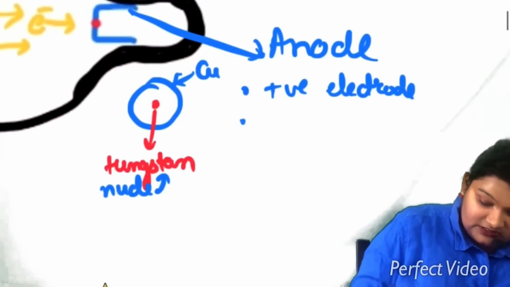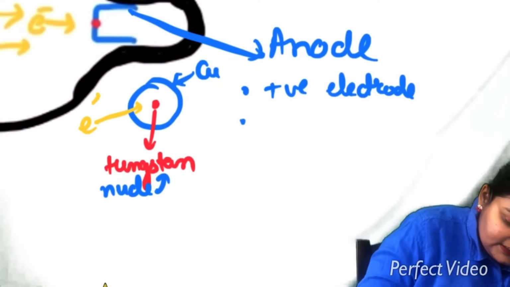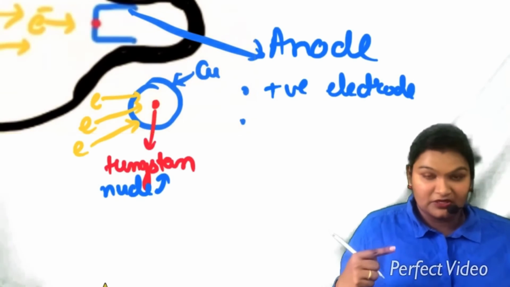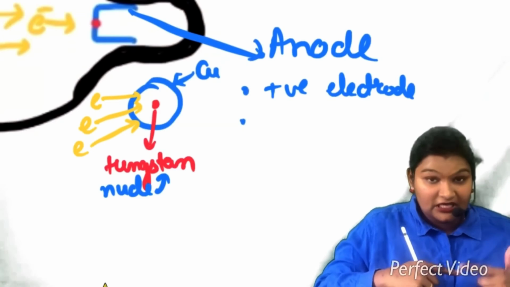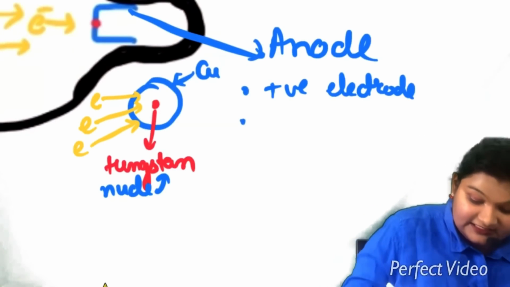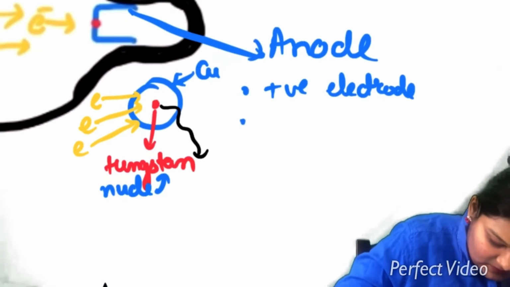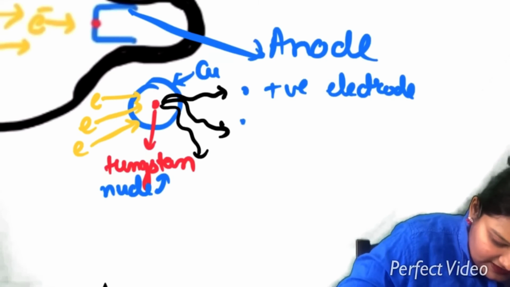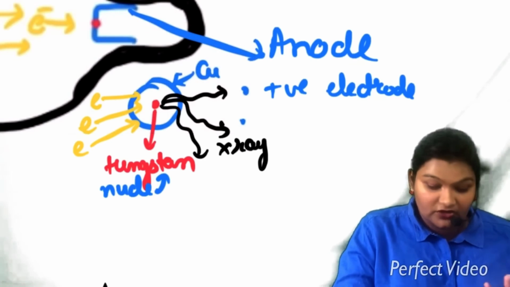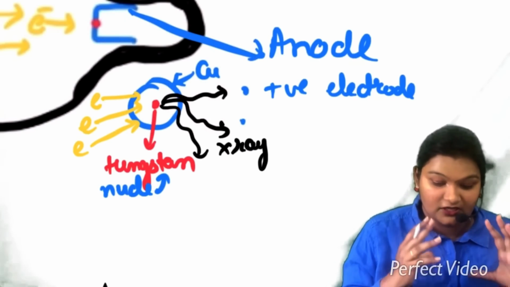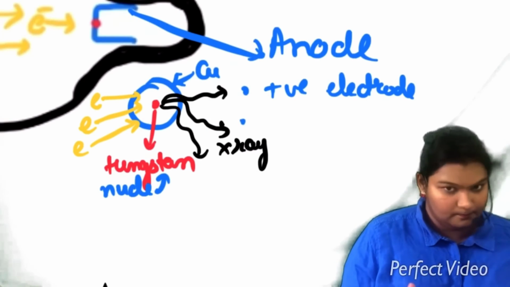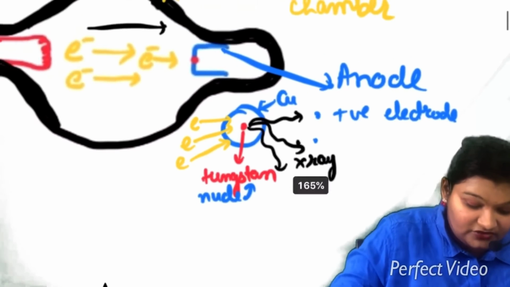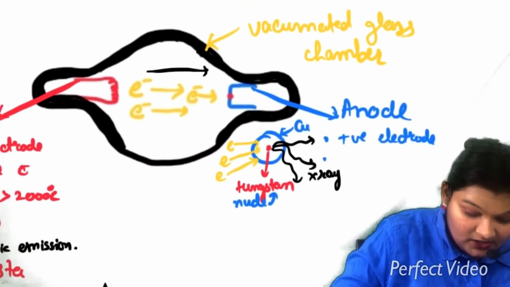The electrons come and hit this nucleus, and because of this hitting and the interaction between the tungsten and the electron, there is release of X-ray. What is the mechanism of release of X-ray we are going to see, but for now just keep these things in mind.